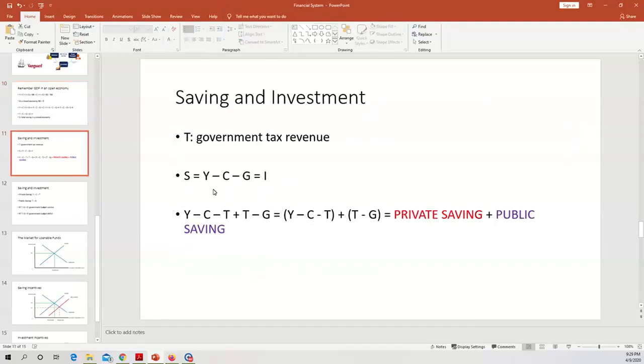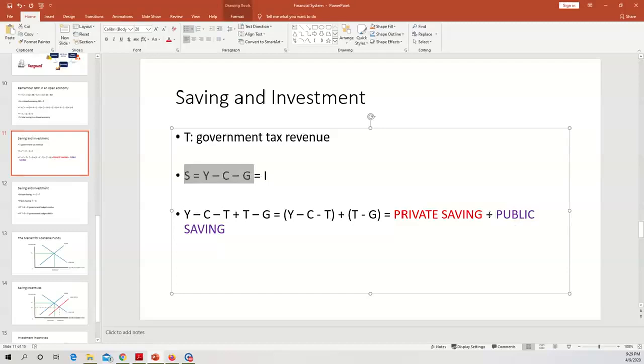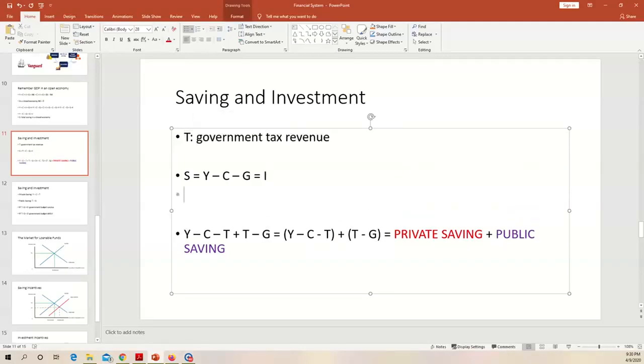Okay, so now from this relationship, let me do a simple mathematical trick. Now let me introduce a new letter, capitalized T, which stands for government tax revenue. Okay, so what do we have here?